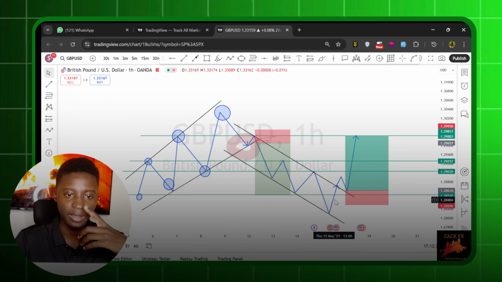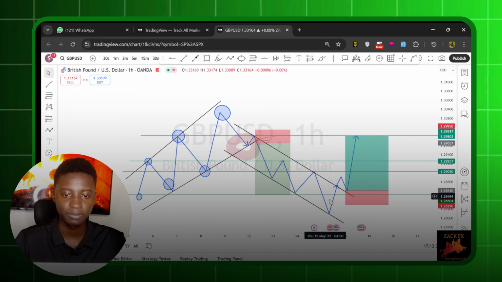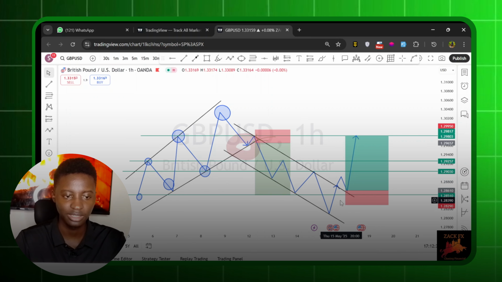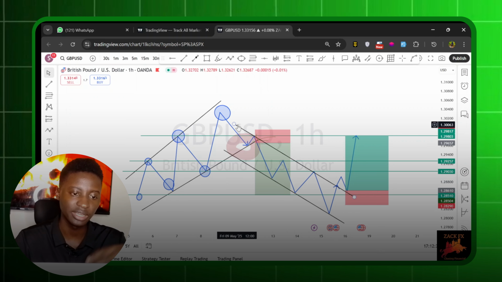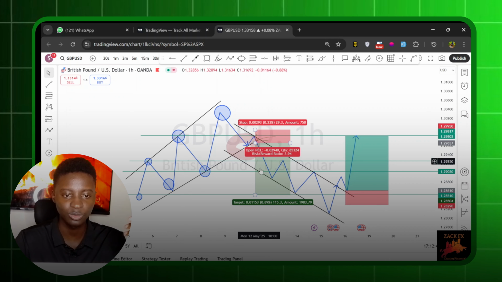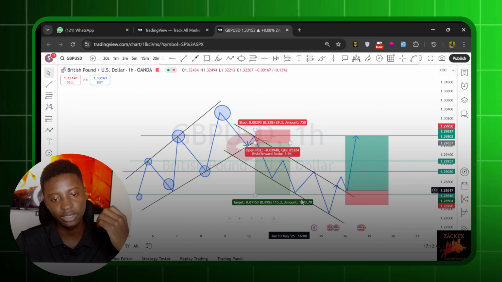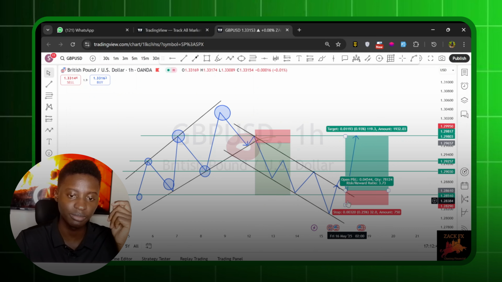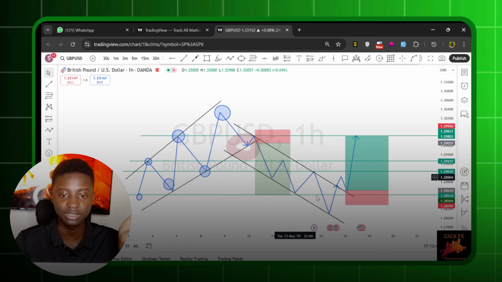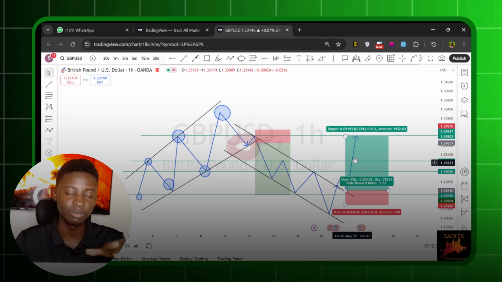We call this a falling or a descending pattern, and this is a rising pattern. When a rising pattern gets broken out of, we are going to time for selling opportunities or short opportunities. But when price actually breaks out of this descending pattern, we are going to look for buying opportunities.